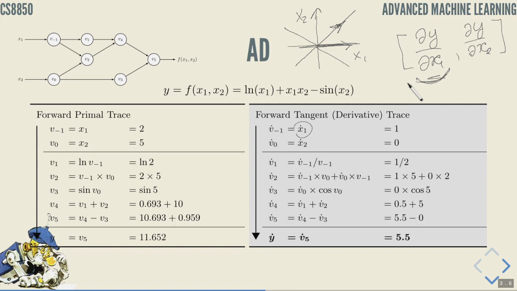Okay, so for V1, we know the derivative, right? It's the log of x, whose derivative is 1 over x times the differential dx. That's what is written here: 1 over x times the differential. What is that differential? We're bringing it with us. It's 1. Okay, let's plug it in and divide it by 2.